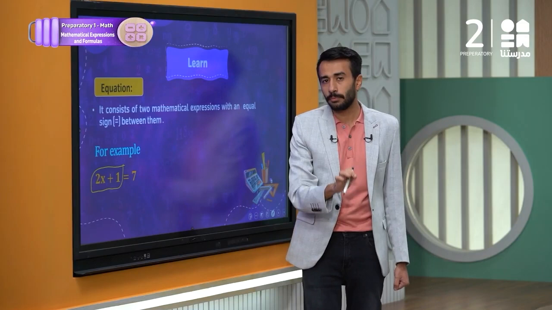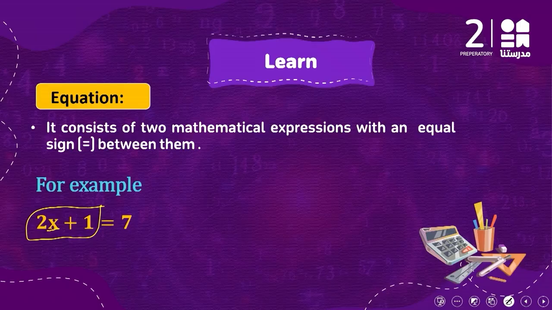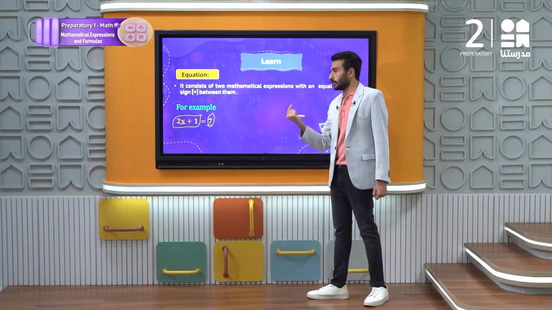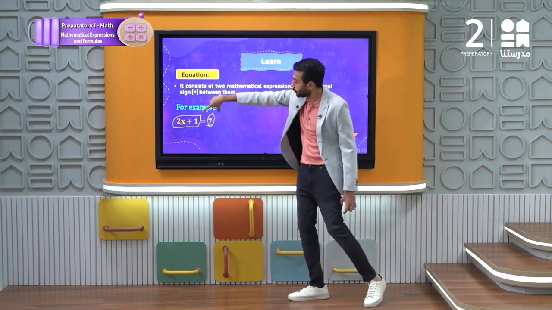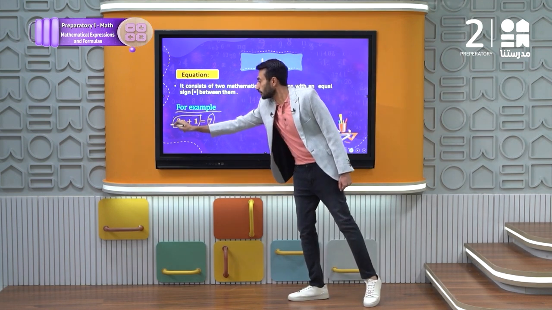Especially, it's an algebraic expression. Why? As we have a letter here. If I ask you about 7 only, also it's an expression. Especially, it's a numerical expression, as we have just a number here. If you combine these two expressions with an equal sign, now this is totally called an equation.